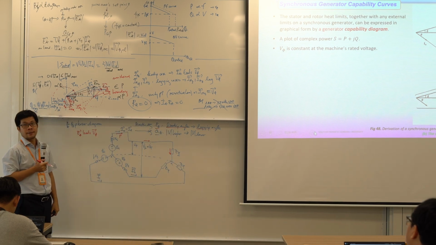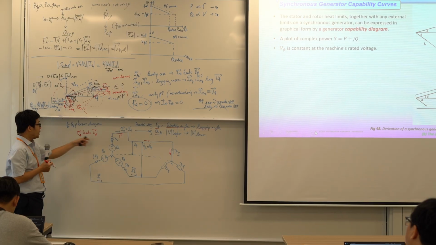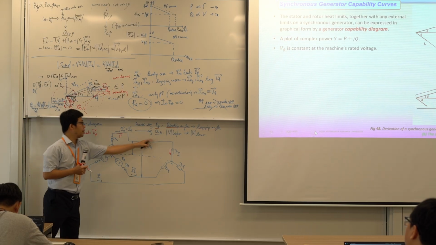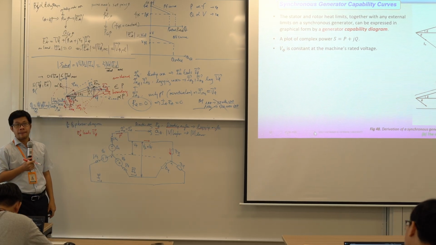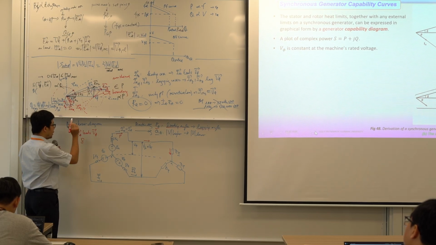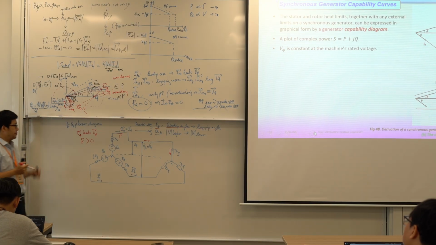So EA always leads V phase, because the power flows in that direction. So EA leads V phase, that means delta is positive.